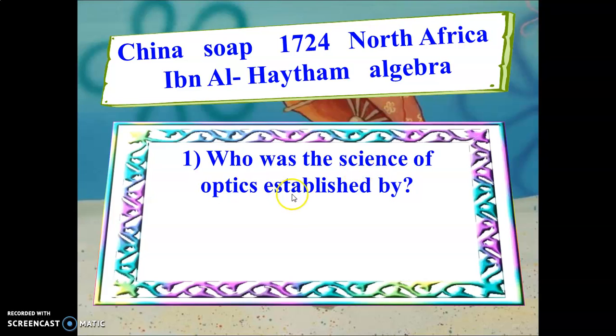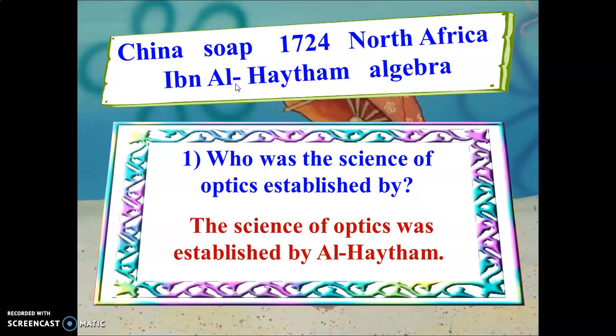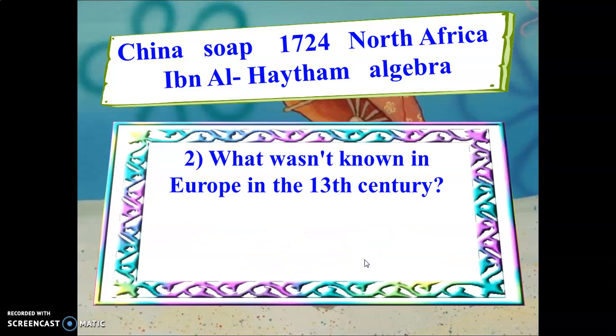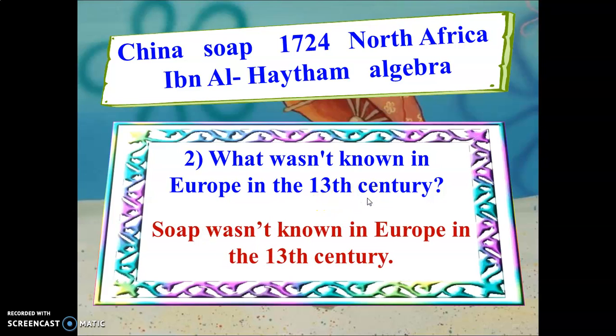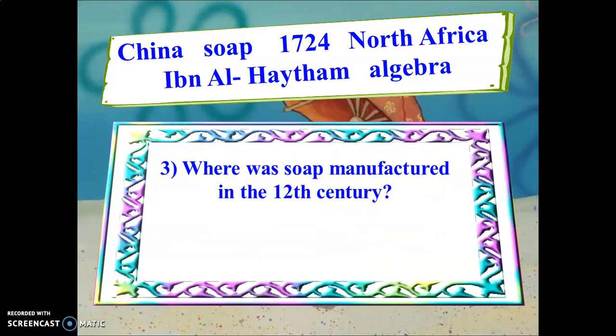Who was the science of optics established by? The science of optics was established by Ibn al-Haytham. That's it. What wasn't known in Europe? Soap, in the 13th century. So, soap wasn't known in Europe in the 13th century. Where was soap manufactured in the 12th century?